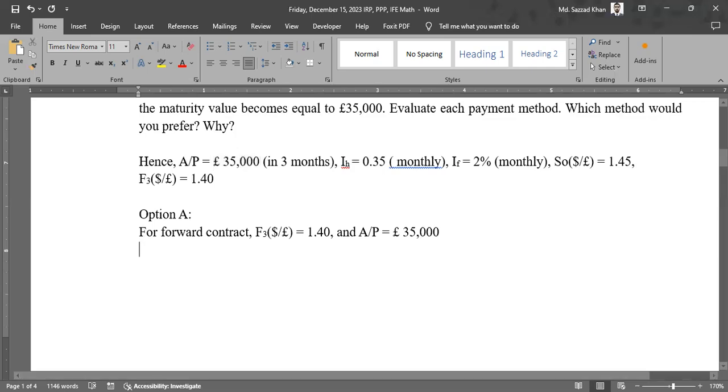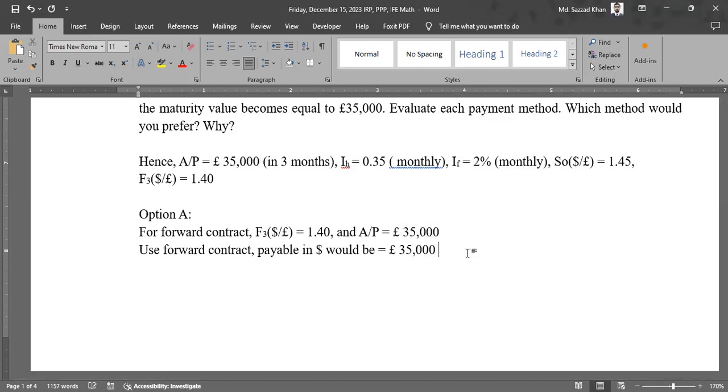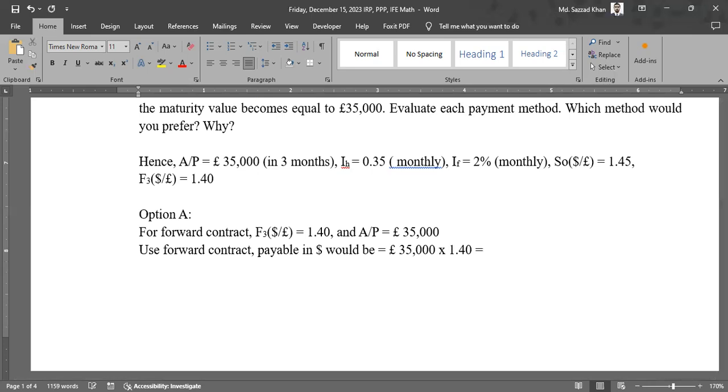So if we use forward contract, payable in dollar would be this pound amount times the forward rate. How much would that be?